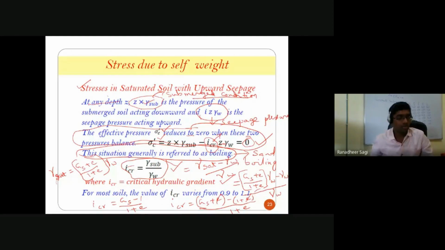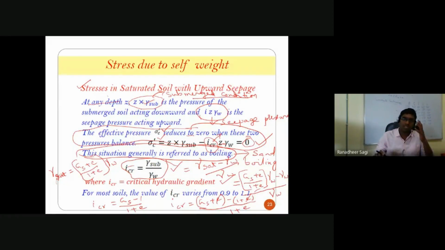Whenever the soil reaches a case where the effective stress developed in the soil, for an upward seepage flow condition, is equal to 0, then the strength of the soil becomes 0.